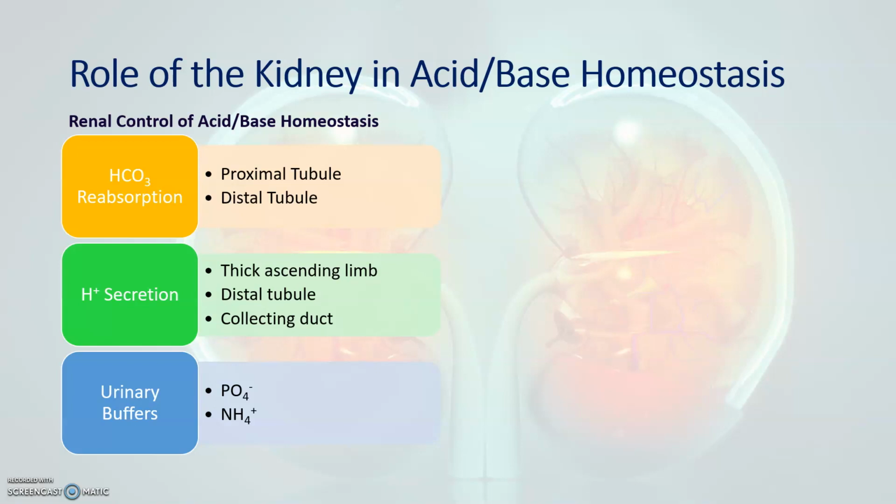The bit that really varies with acid-base balance is hydrogen ion secretion in the thick ascending limb of the loop of Henle, the distal tubule, and the collecting ducts. And this is very dependent on acidemia and the acid load in the distal tubule.